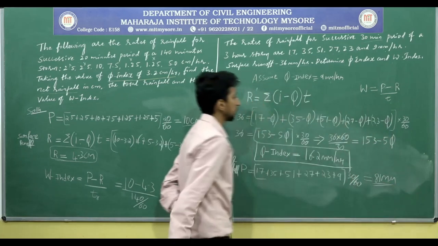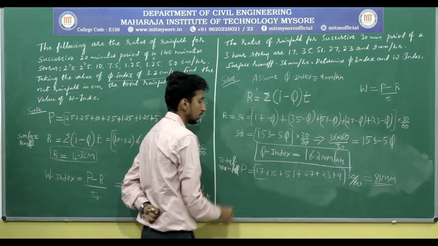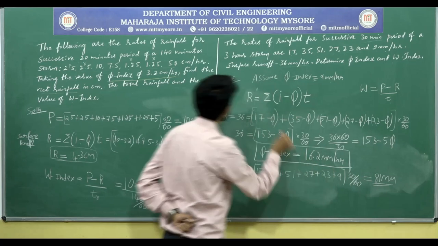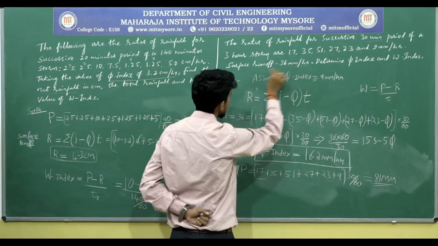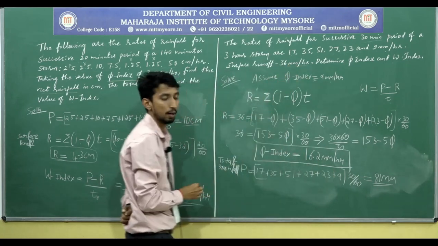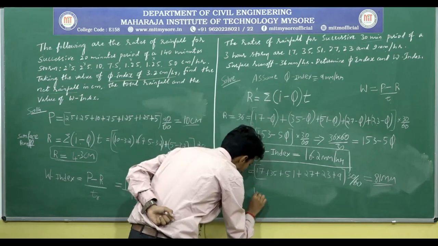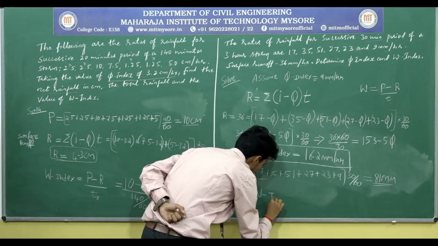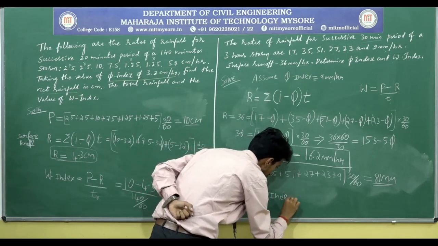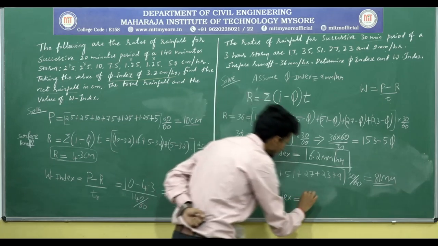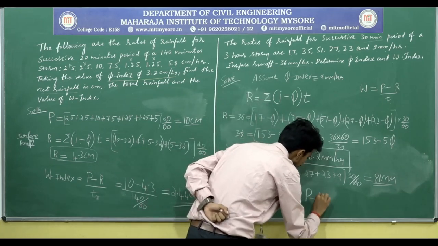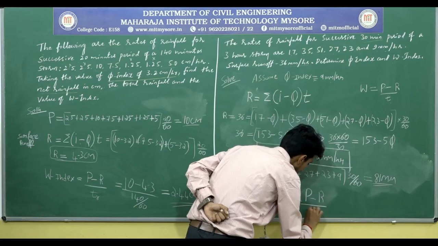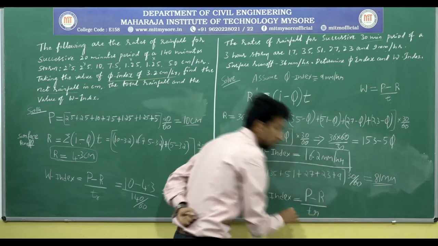Here we know the value of phi index. In the question, the surface runoff is mentioned as 36 mm. Now we can find out the W index. W index equals total rainfall minus runoff, divided by total time.